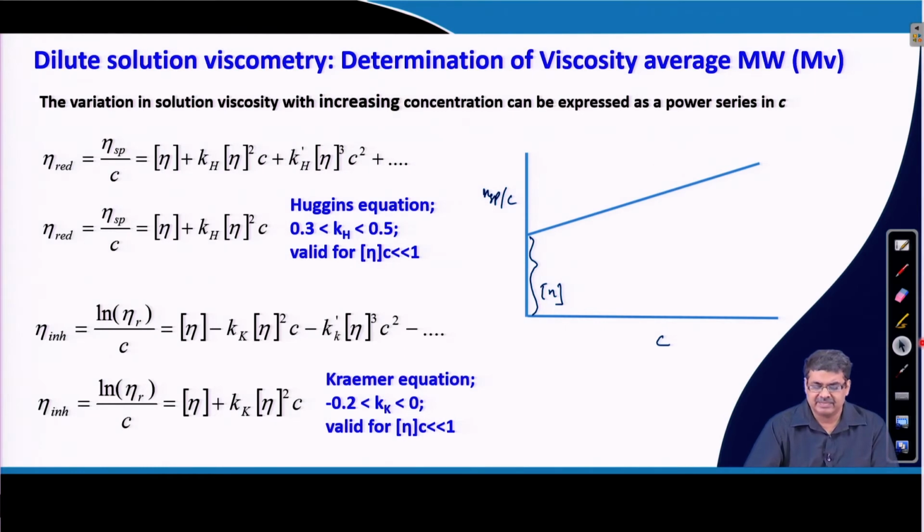Or there is another expression, the Kraemer equation, which plots this term with concentration. So, for that we can plot ln eta r by C with concentration, and we will get ideally the same intercept.